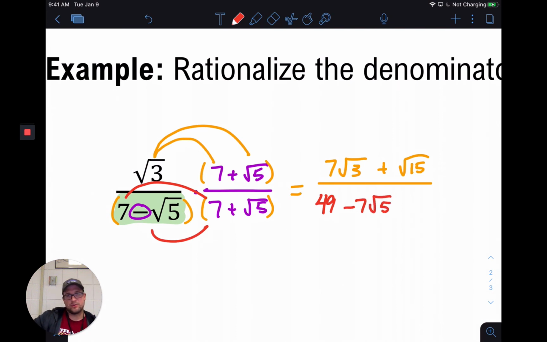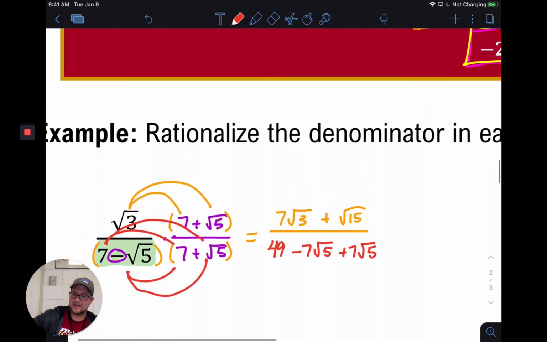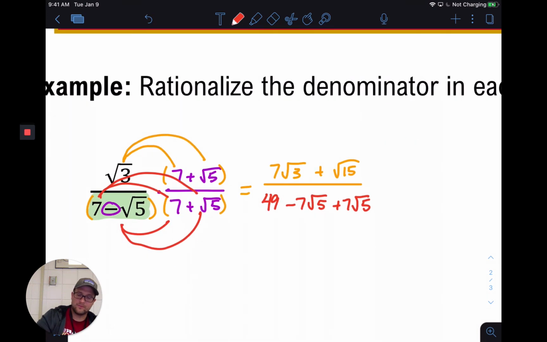Remember, outsides don't change insides, insides don't change outsides. When I take 7 times the square root of 5, I'm going to get a positive 7 square roots of 5. And when I take a negative square root of 5 times a positive square root of 5, we're going to get a minus 5.